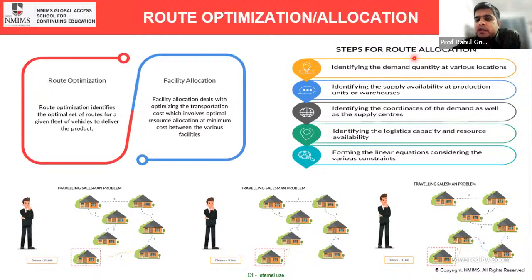But for simplicity, how do we identify an optimum route? We identify the demand quantity at various locations, right? We identify the supply availability at production units or warehouses. We identify the coordinates of demand as well as supply centers, right? We identify logistic capacity and resource availability, and then convert it into a model, right?